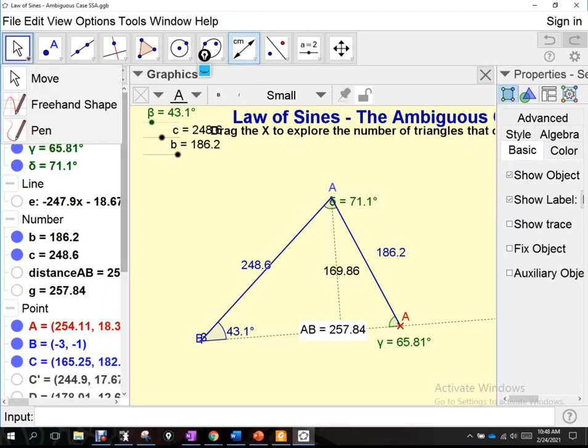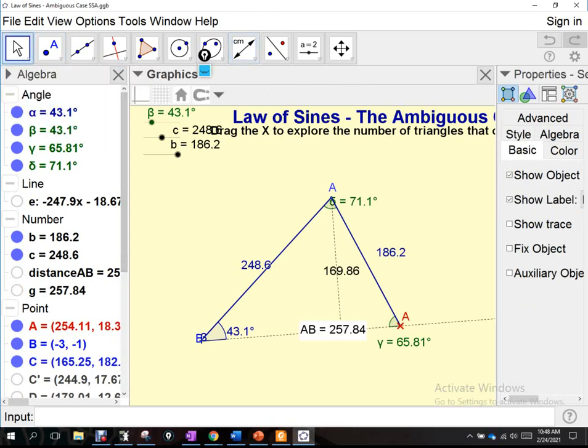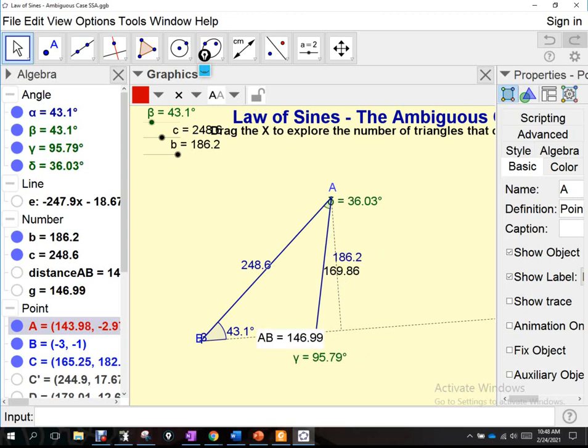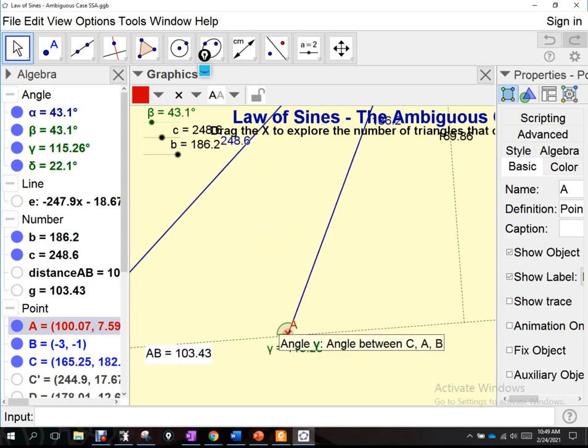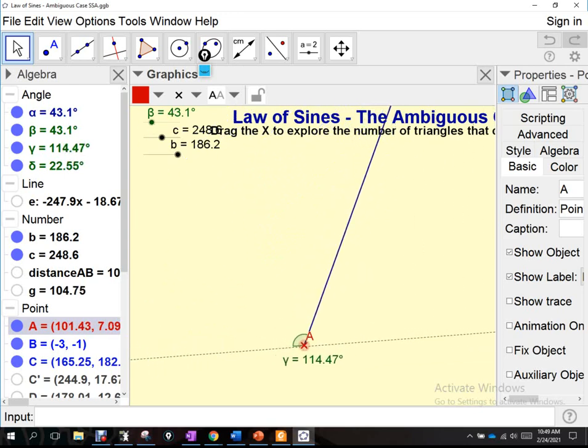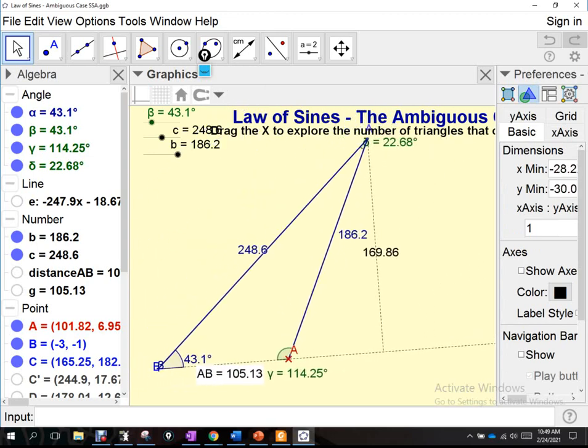Now the rest of you maybe set the triangle up to where it is now, that one there, 114 point. Better. It's close enough.